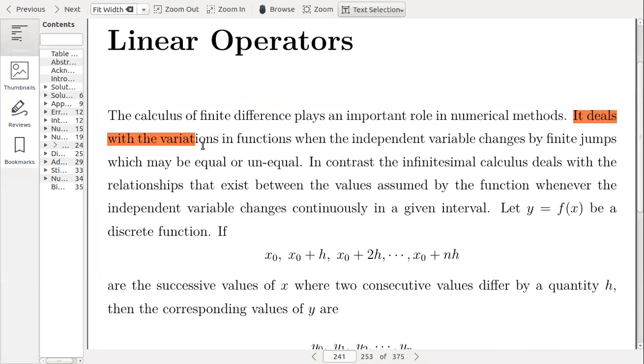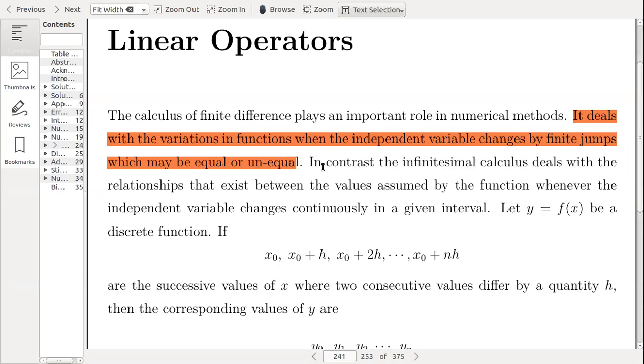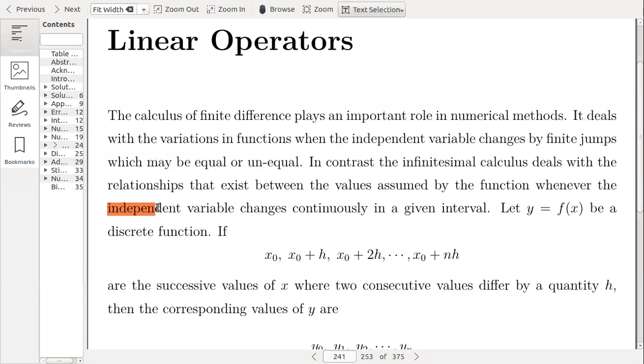Calculus of finite difference deals with the variations in functions when the independent variable changes by finite jumps, which may be equal or unequal. In contrast, the infinitesimal calculus deals with the relationships that exist between the values assumed by the function whenever the independent variable changes continuously in a given interval.